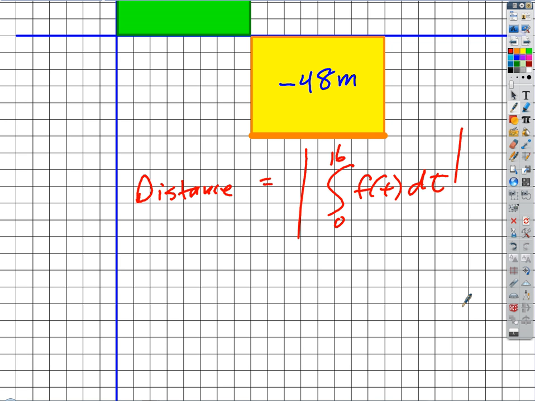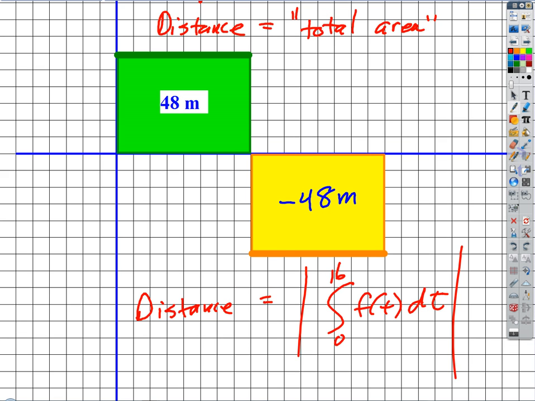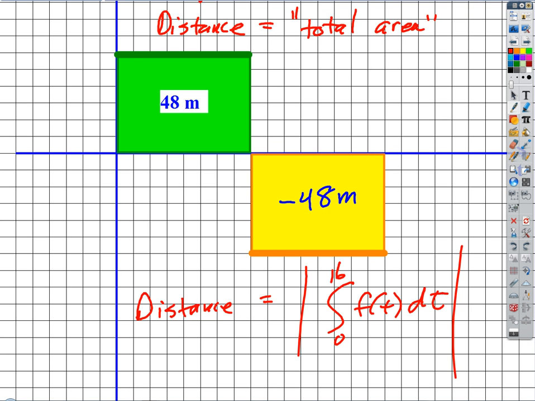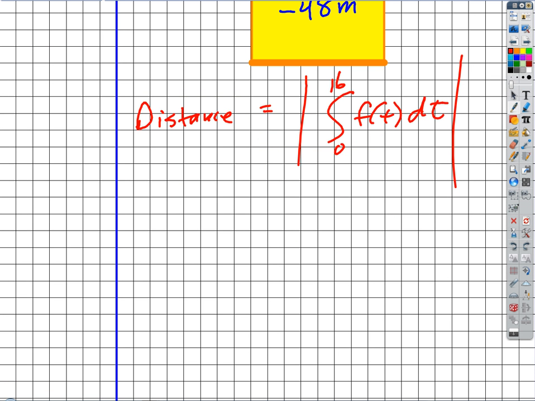This just stands for the area under the curve from 0 to 16, right? What is that, by the way? What is the area under the curve from 0 to 16? 0. So this is just saying the absolute value of 0.